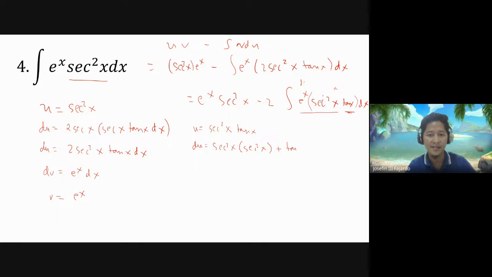Plus tangent x times 2 secant x secant squared x tangent x, di ba? So magiging secant to the fourth x plus 2 secant squared x tangent squared x. Imagine, from here, mas magiging komplikado ito. Okay? So mukhang hindi uubra yung integration by parts dito.